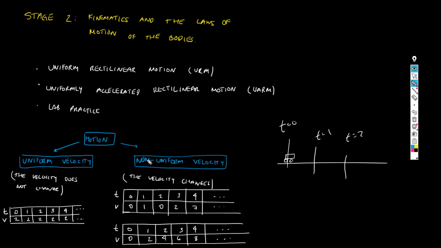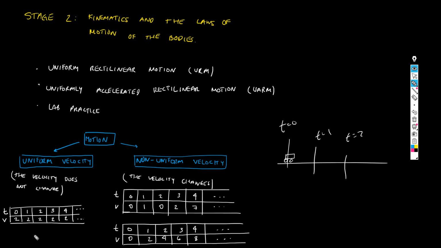Now, the most interesting type of motion, and much more complex than this one, is non-uniform velocity. Most objects that you deal with in your everyday life have this type of motion, non-uniform velocity. They change speed, or they change velocity all the time.